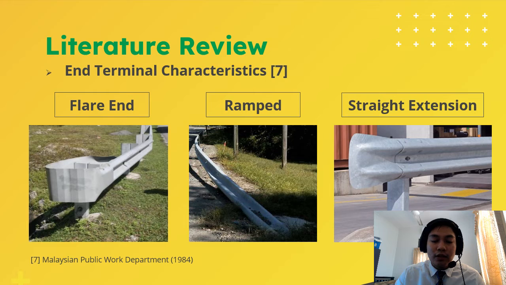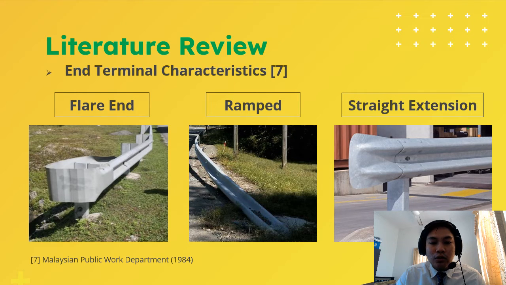The last point of my literature review is the end terminal characteristic. There are three types of terminal of W-beam guardrail. The first one is the flare end. Flare end refers to the end of a guardrail that bends or flares away from the road at certain degrees, such as 15 degree. Second is the ramp terminal.